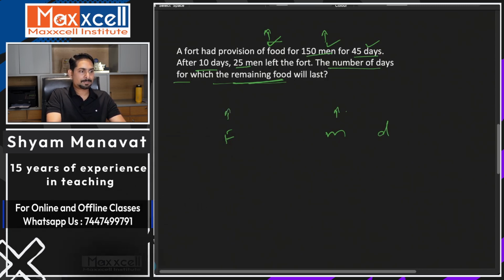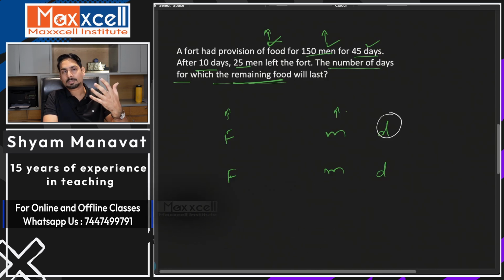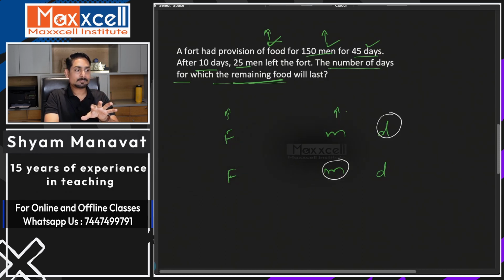When you keep days constant. I'm just explaining how to relate these, and you need to think about this situation practically. If you keep the number of people constant and they want to stay for more time, then you require more food, right?